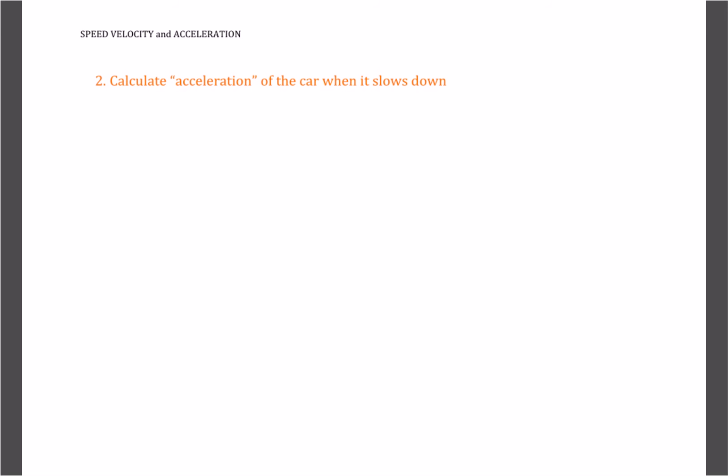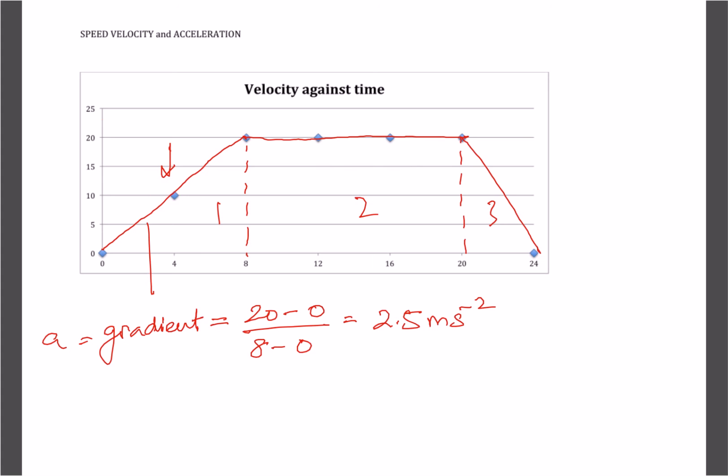Now the next question asks you to calculate the acceleration of the car when it slows down. So the slowing down part is actually here. Again, take the gradient, right? And if you work out the gradient here, for the slowing down part, the final velocity is 0, and here's 20.